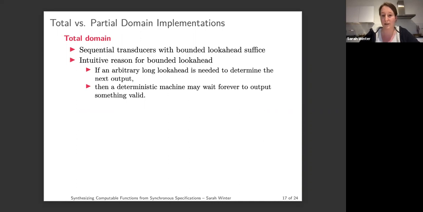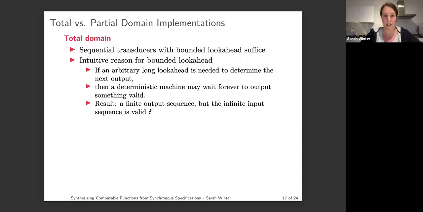It may wait forever, but this would mean that at some point the output completely stops. But since every input is valid, we would read a valid input sequence but not produce an infinite output sequence. So this is not a real implementation.